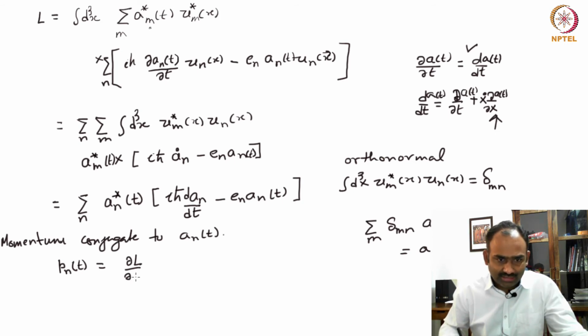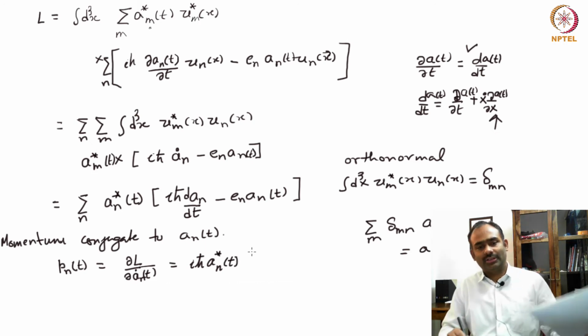And what is q here? It is a_n, so it is a_n dot of t. If I take this Lagrangian here and take a partial derivative with respect to a dot, I get i h bar a_n star, and the other term does not contribute because there is no a dot involved in it. So I get i h bar a_n star of t. That is the momentum conjugate to a_n.